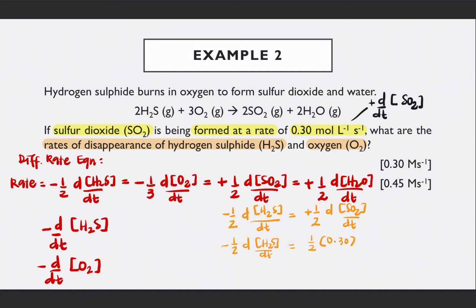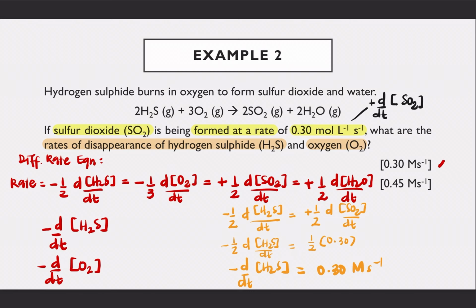Okay, and then you're going to write negative d over dt H2S, okay, equals to, so times 2 kat sebelah, maksudnya you tinggal 0.30 lah molar per second. Betul tak? Kan? Okay, so this is the answer given.